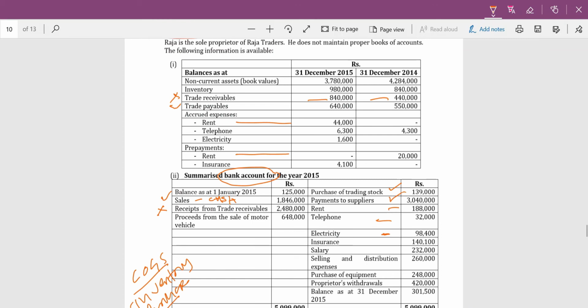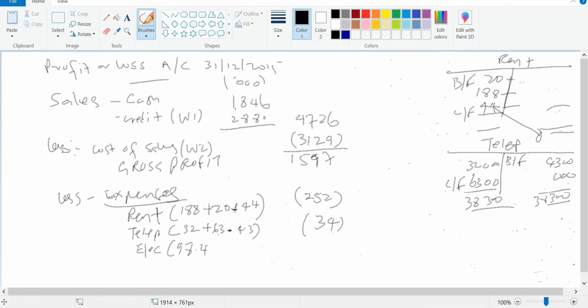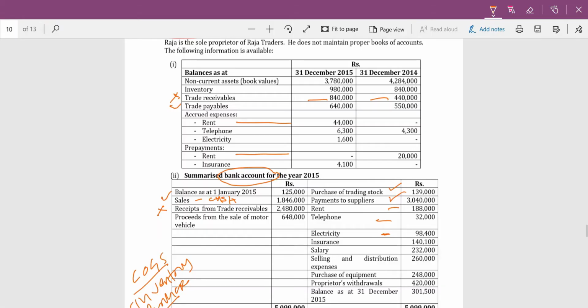However, there is an electricity accrual at the end of the year, 1,600. So simply you have to add this amount as a closing accrual. So 98.4 plus 1.6 will be 100,000. So deduct 100,000.